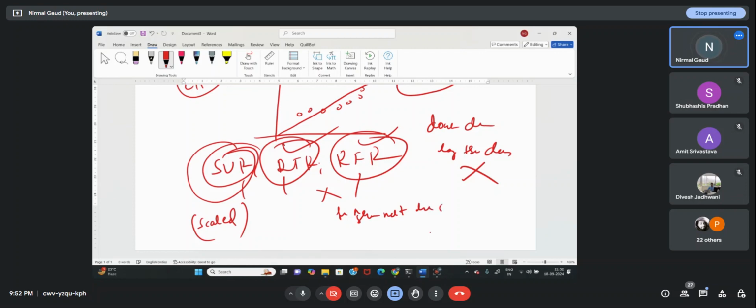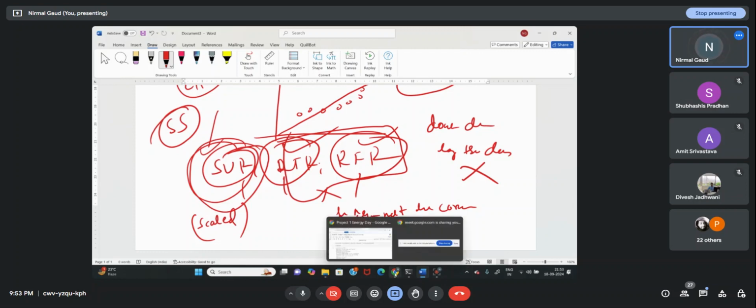That we have already calculated, and we have dropped the highly correlated features from the data. So in DTR and RFR we can straightforwardly put the data in. However, for SVR we have to scale the data, and that too with standard scaling, the standard scaler.